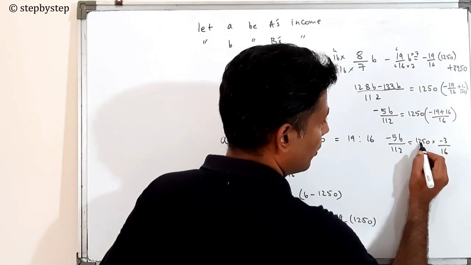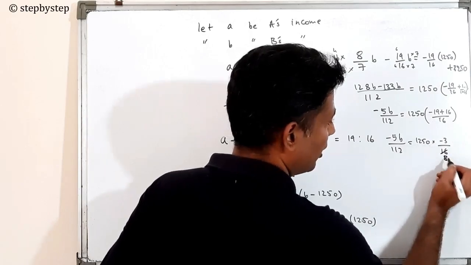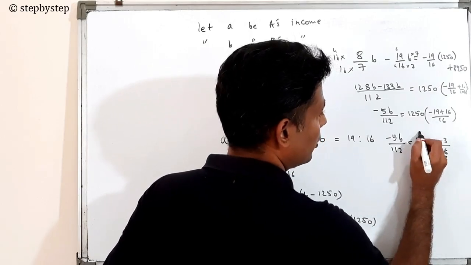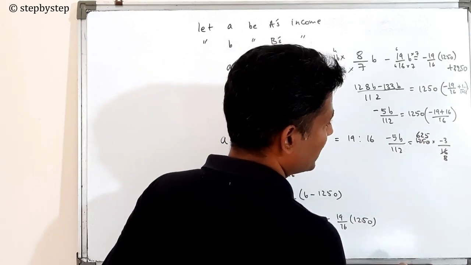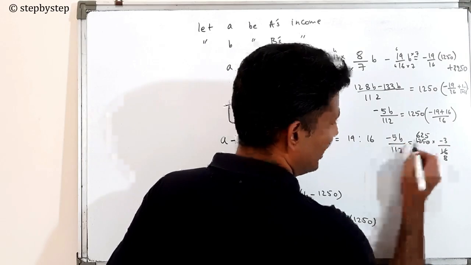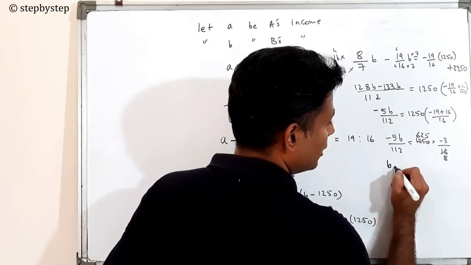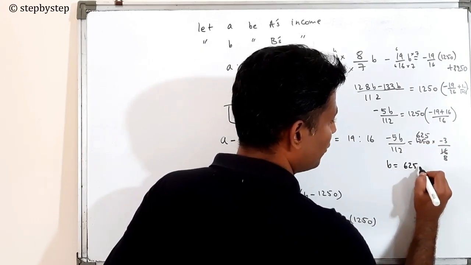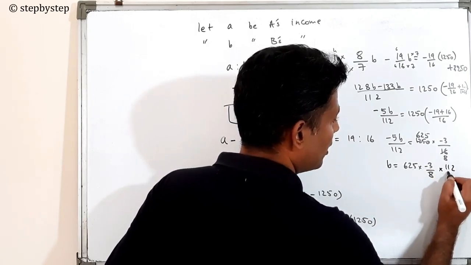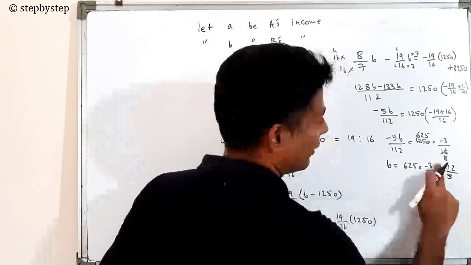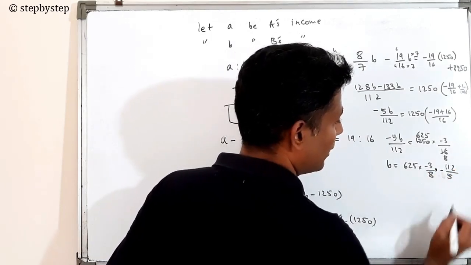Right? Now I'll simplify. 8 2s are 16, 2 5s are 10. Further simplification is possible. Now I'll transpose everything other than B. So B equal to 625 into minus 3 by 8 into 112 by minus 5. So it becomes minus 112 by 5.